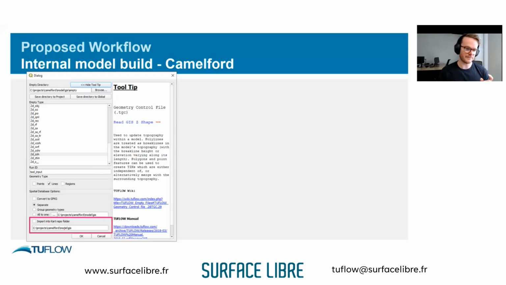I think it pops up if it detects you have KART installed on your system. Otherwise, I don't think it'll be there. It should also find this file path automatically. If it notes that this is a KART repo folder next to the empty folder, then I think it should auto-populate. Essentially, you just have to tick that on if you want to import it into your KART repo.